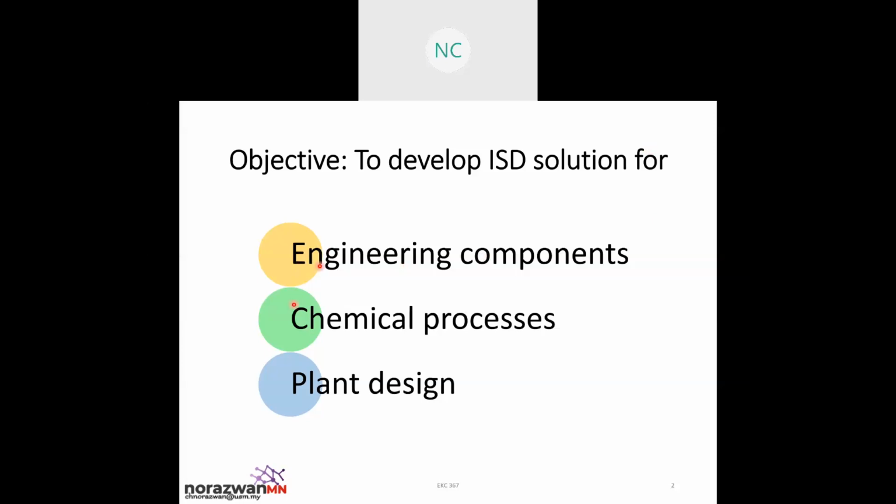The combination of engineering components and your chemical processes will contribute to the development of your plant design. You already have developed your own plant design, right, for your integrated design. So from your integrated design project, you can create your inherently safer design solution for your plant design.